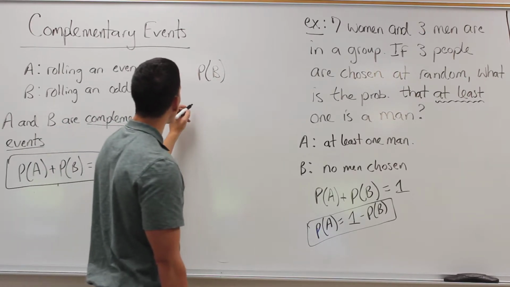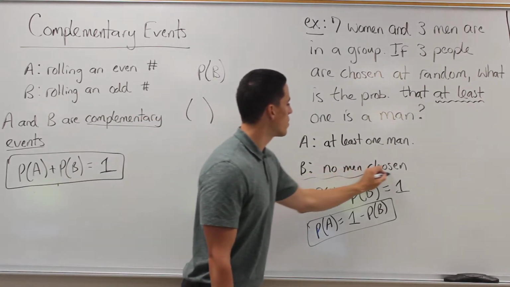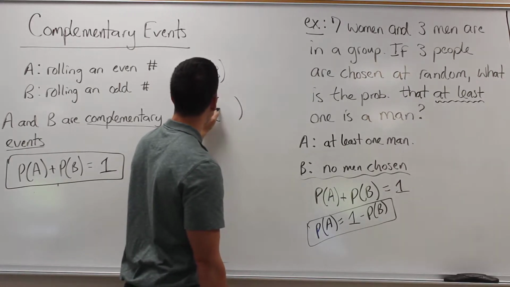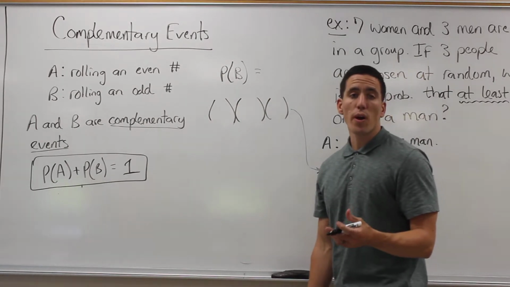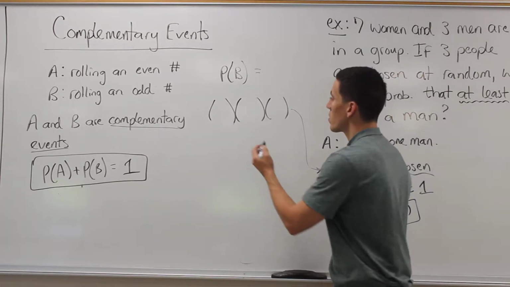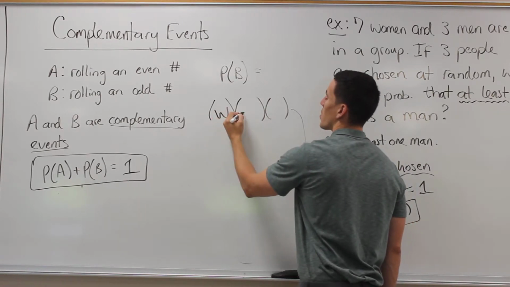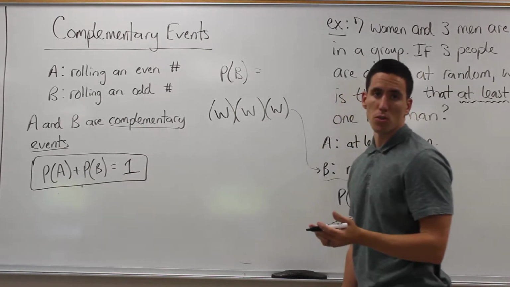When the first person is chosen, in order for no men to be chosen, the only way that can happen is if we have no man, and no man, and no man. Or an easier way to think of that would be, instead of considering this to be no man, just think of it as the probability that a woman is chosen, another woman is chosen, and a third woman is chosen.